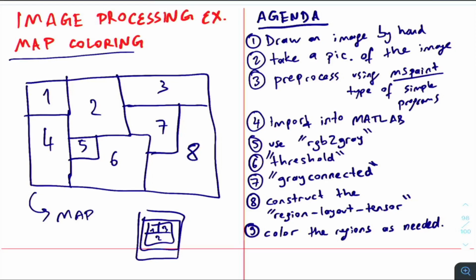And number 3, pre-process that image using MS Paint type of simple programs, right? For example, you may be using Apple or something, and you may have other, maybe more advanced programs, but it is not important at this stage since the majority of the work will be done in matlab.